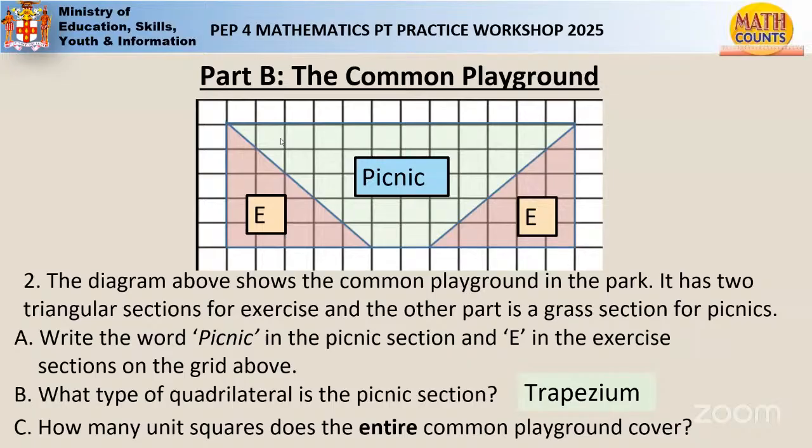I don't want to pronounce the first name because I don't want to spoil it. And I lost you. I lost you. All right, Miss Smith, your microphone is open. Go ahead. How many unit squares does the entire common playground cover?